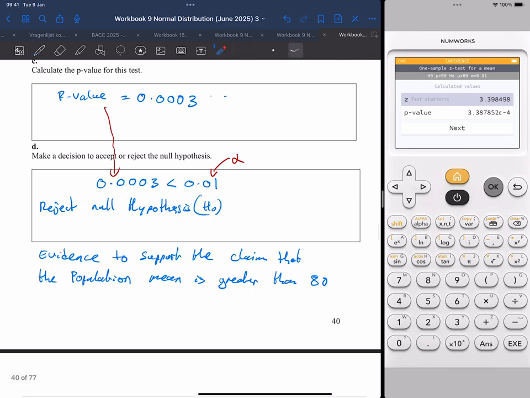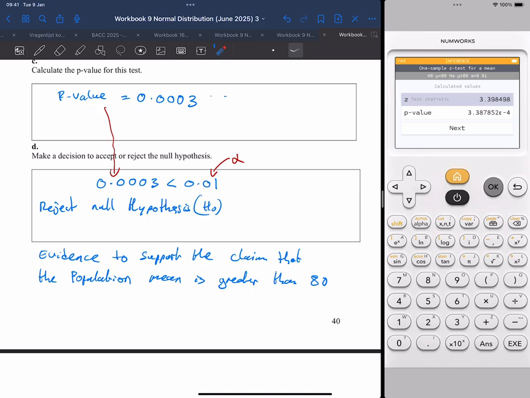Now, obviously, if this was the other way around, and you had a bigger number here, like 0.9, then we'd fail to reject. But when the p-value is smaller than the significance level, we reject the null hypothesis.